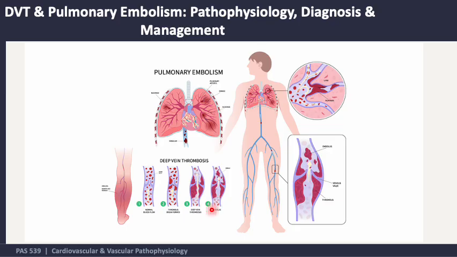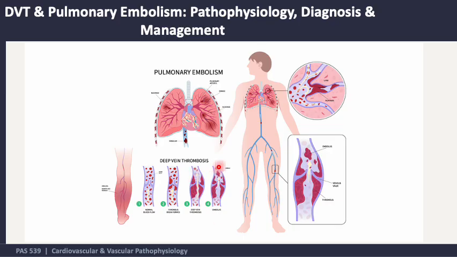So on this picture, it just shows normal blood flow. And then you had an injury some type of way and the thrombus is starting to form. And then it turns into a deep vein thrombosis. And then part of it breaks off.